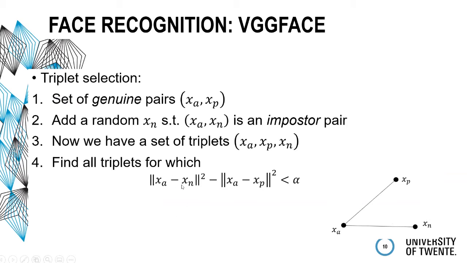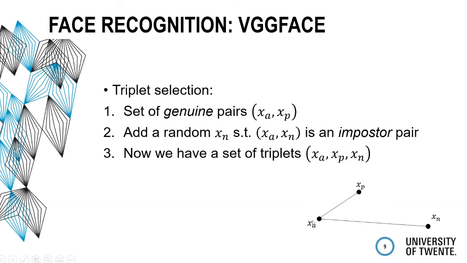You can describe this with something we call a triplet criterion. Namely, we want the distance of the anchor to the negative squared, minus the distance of the anchor to the positive squared, to be larger than alpha. In the example I showed here, this criterion is fulfilled because this distance is smaller than this distance with a certain buffer of alpha.